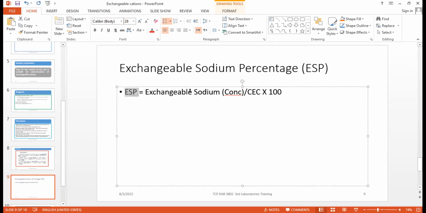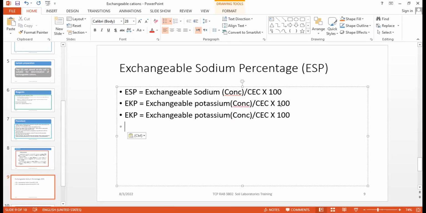And as I said, you can make an exchangeable percentage for all other cations. You can say exchangeable potassium, so here is potassium, and others, even calcium.